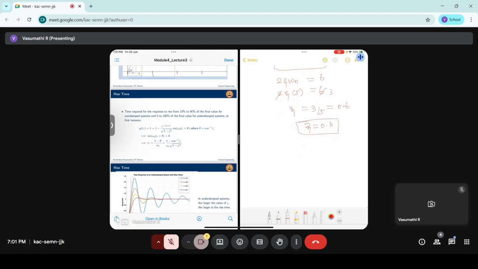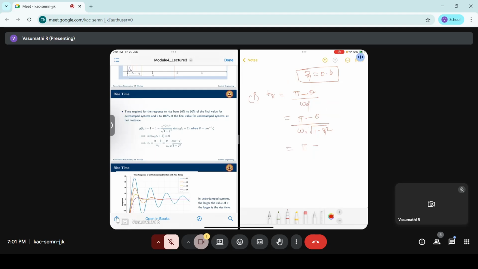You know this. Now you have the formula in your hand. Just straight away fit those formulas into this and you will get the answer. First question is find the rise time. TR is equal to pi minus theta divided by omega d, where omega d you know. Omega d is omega n into root of 1 minus zeta square.